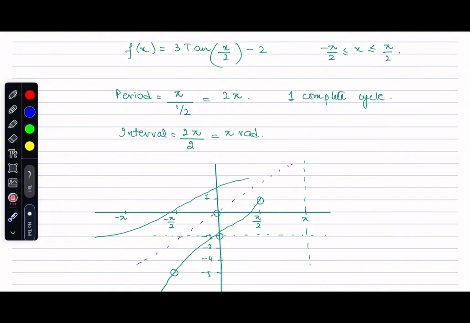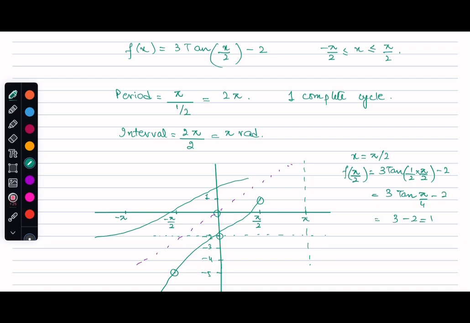So at pi by 2, if I substitute x here with pi by 2, f of pi by 2 becomes 3 tan of 1 by 2 into pi by 2, minus 2. This is 3 tan pi by 4, which is 1, minus 2, or 3 minus 2, which gives me 1. So when x is pi by 2, the function value here is 1.